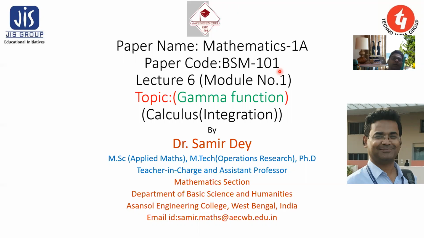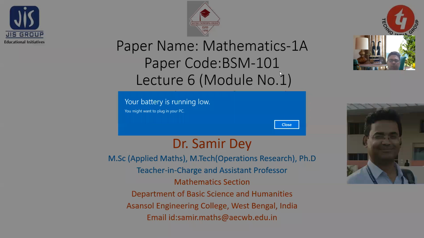In my last lecture, I had discussed improper integration, basics of improper integral. There are two types of improper integration. Type 1, where the upper and lower limit, that is your range of integration, is associated with infinity.